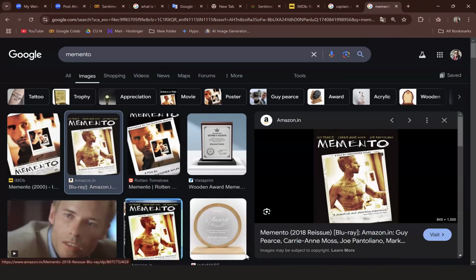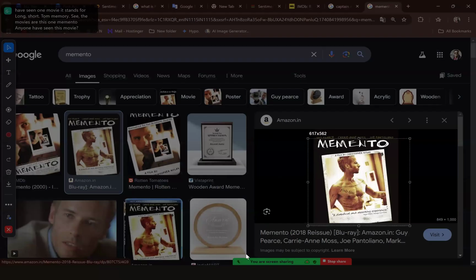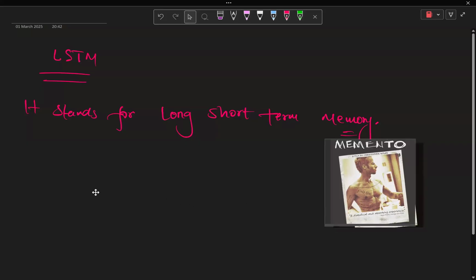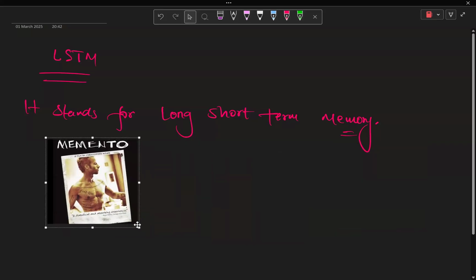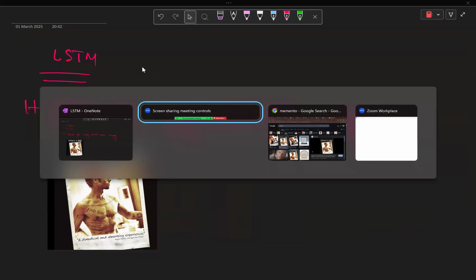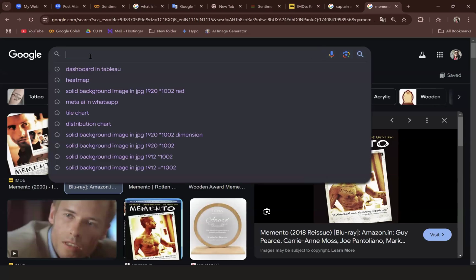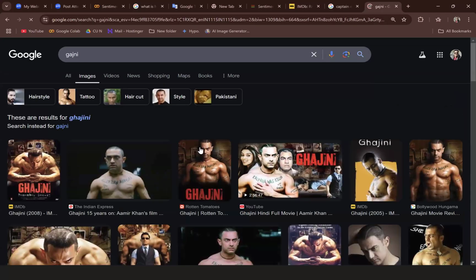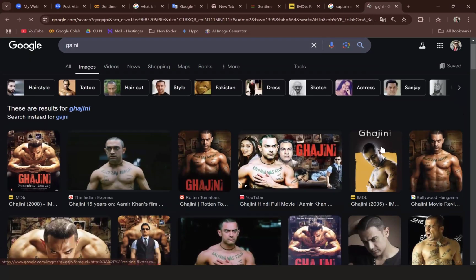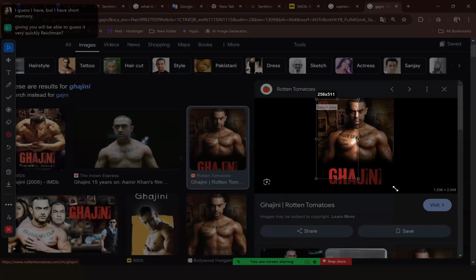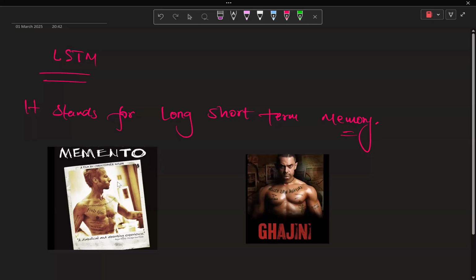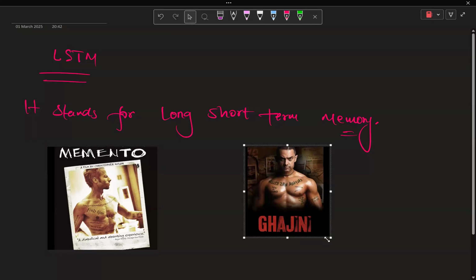No one? No, I am hearing it for the first time. I guess I have, but I have short memory. Okay, the second movie I will be giving, you will be able to guess it very quickly. Right, Manbir? Yeah, seen this one? Yeah. Okay, so both are the same movie actually. This one is from Hollywood. This is the Bollywood movie.